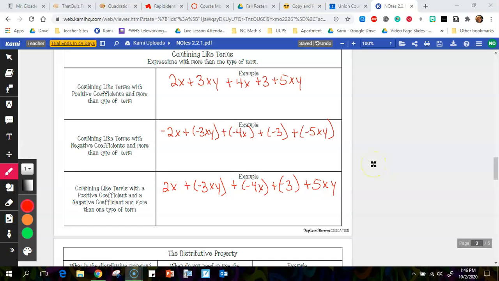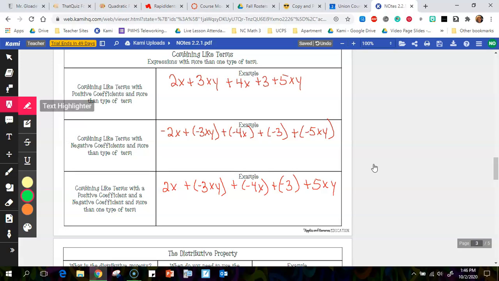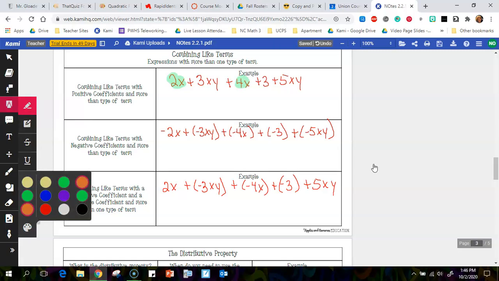So again, you can pause and copy these down if you want, or you can copy them as I go. This is where I like using highlighters in different colors. And we did a little bit of this last week again. These are all positive. All of these coefficients are positive. So we just need to find the like terms. 2x and 4x are like terms. Let me get a different color here. 3xy and 5xy are also like terms, so we'll add those coefficients.